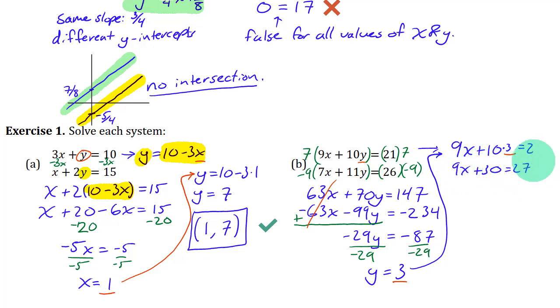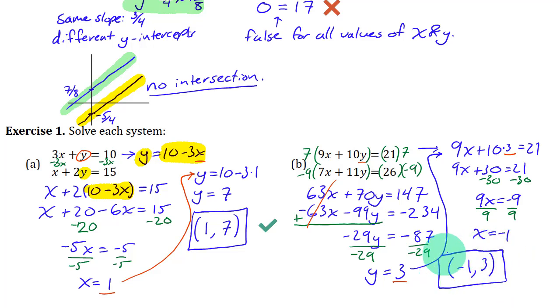Wait, 21, excuse me. All right, and then if you subtract 30 from both sides, you'll get 9x equals negative 9. Divide both sides by 9. You should get x equals negative 1. So that should be the solution, negative 1, 3.